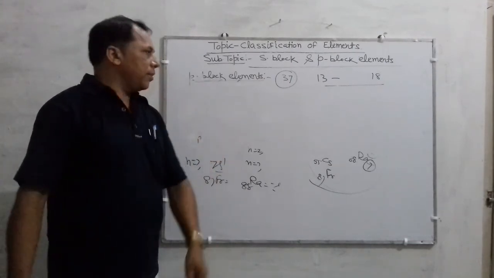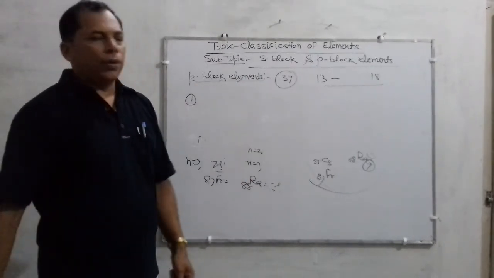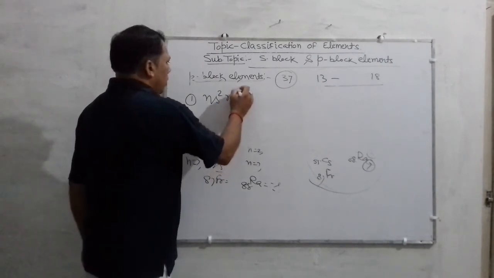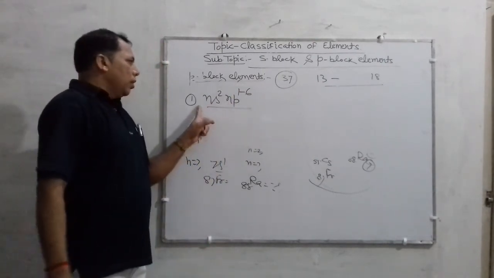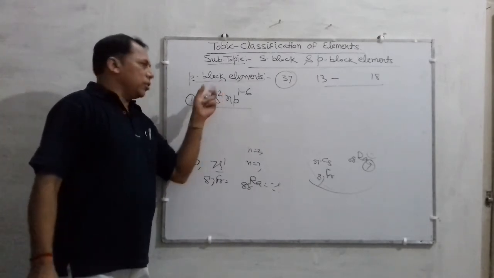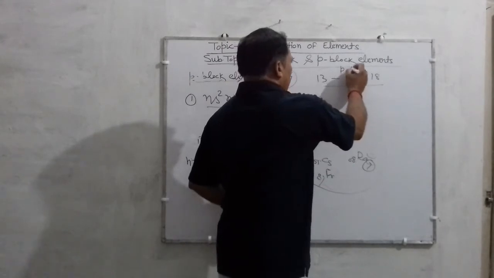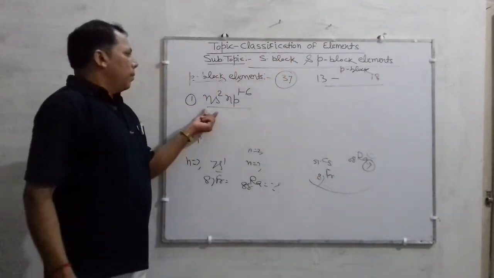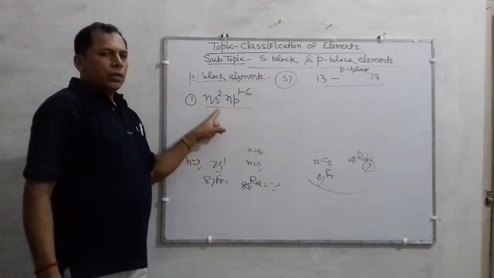So listen sincerely. First property, the general electronic configuration of P block element is ns2 np1 to 6. Listen sincerely. The general electronic configuration of the elements which are present in P block are ns2 np1 to 6.